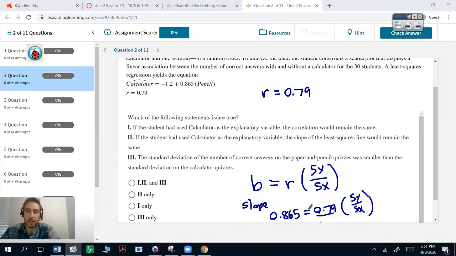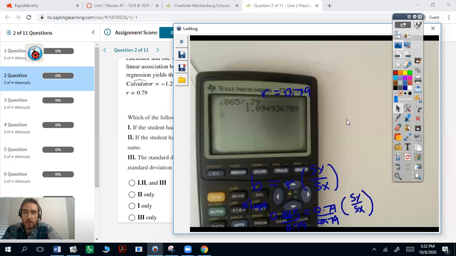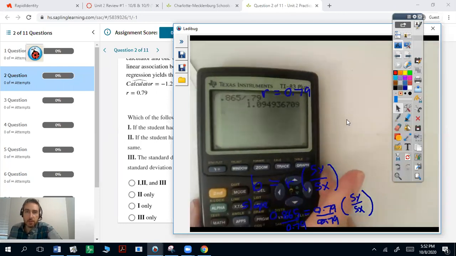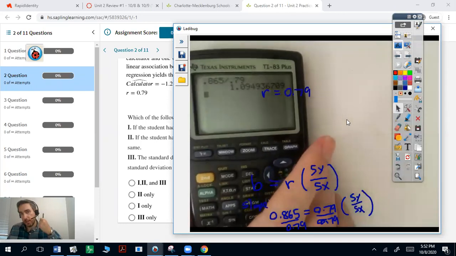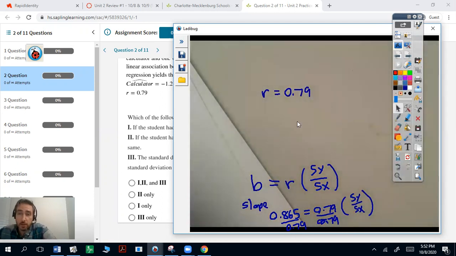If y'all would divide these two numbers, you're going to get 0.865 divided by 0.79. That's going to be a number greater than 1. And you can see it's going to be about 1.09. That's really all I need to know to be able to answer this question. And here's why you know.